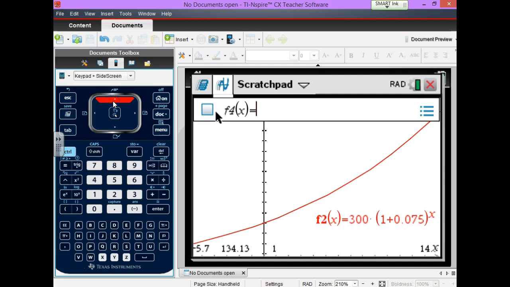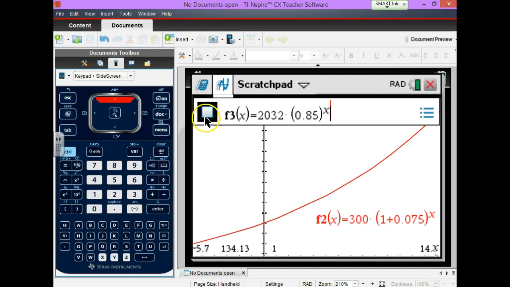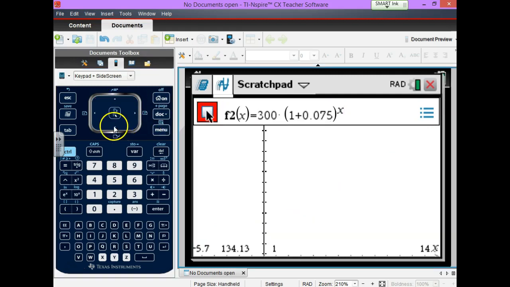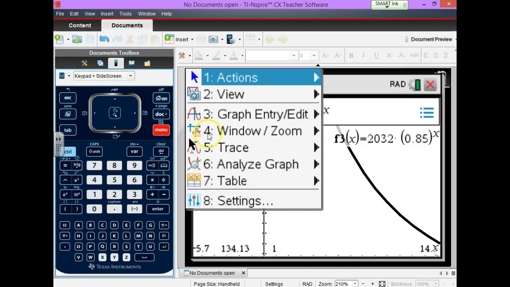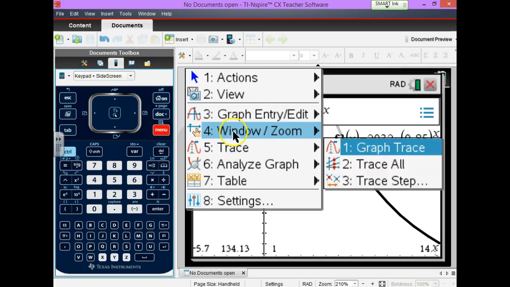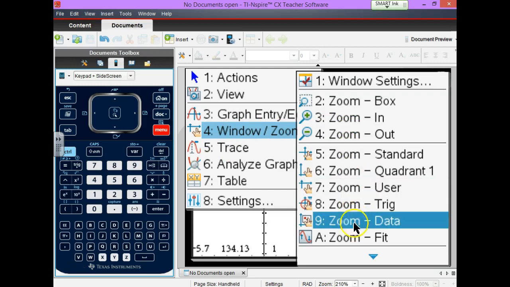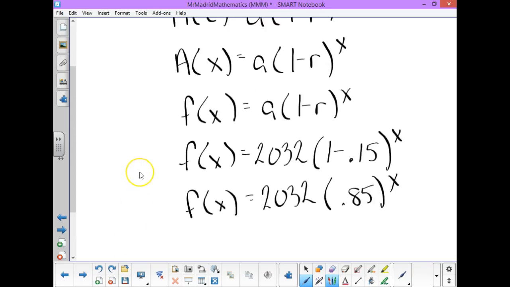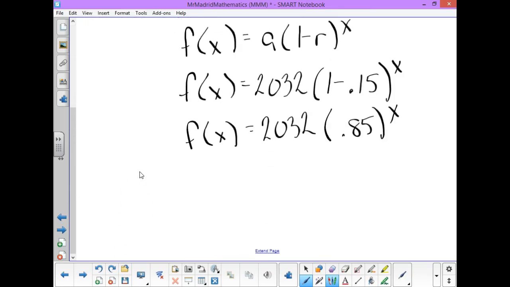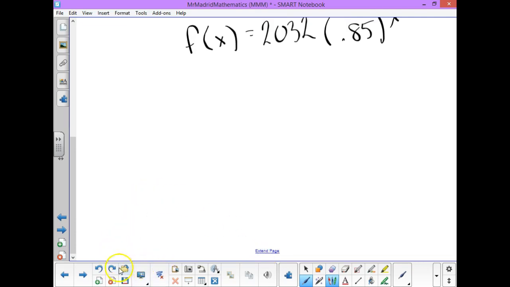I'll move past that. Okay, so this is our focus. Let me go and unselect the previous one, and here's where we're currently at. Again, one feature that you want to take advantage of is the window zoom fit, just to kind of maximize the window, okay, for your graph. What did they ask for? They want it graphed, so let's go and take time and kind of capture an image of that.